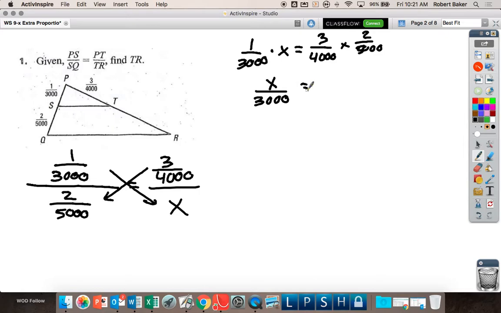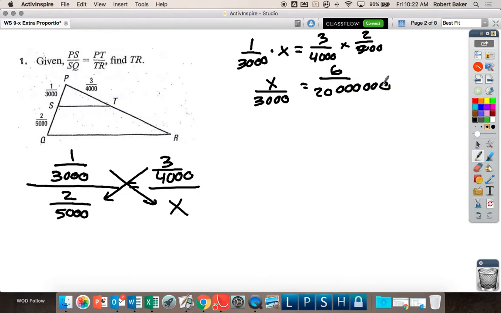Now when you multiply two fractions, you multiply across the top. 3 times 2, 6. It's 2 times 4,000 up there. Now, what happens when you multiply 4,000 times 5,000? You get a 20, 4 times 5, and you have 6 zeros after that.